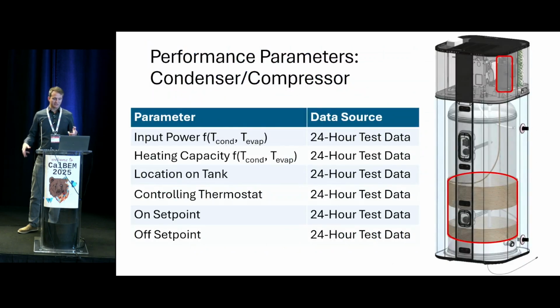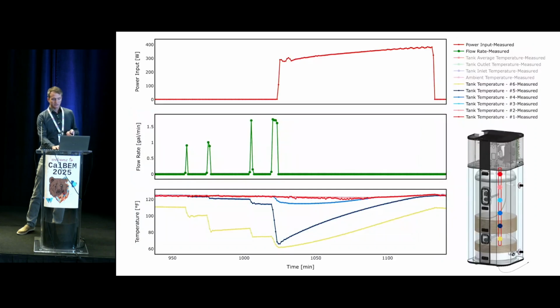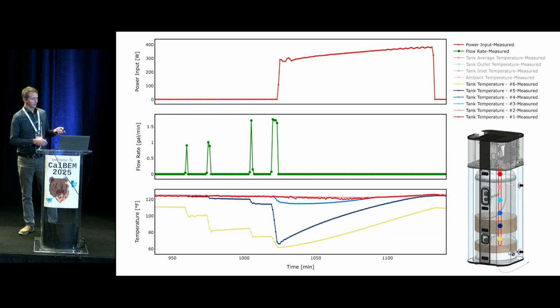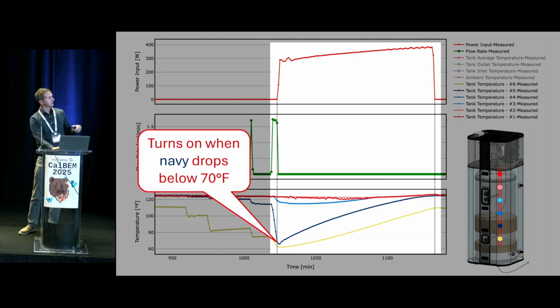So that tells us about both input power and heating capacity, but what about the other parameters here for the compressor and condenser? Again, we're going to look at the test data for the system. We're going to zoom in to where the compressor is turning on, and we're going to use this to find the location of the condenser, the location of the thermostat, and what the temperatures are where the compressor turns on and off.